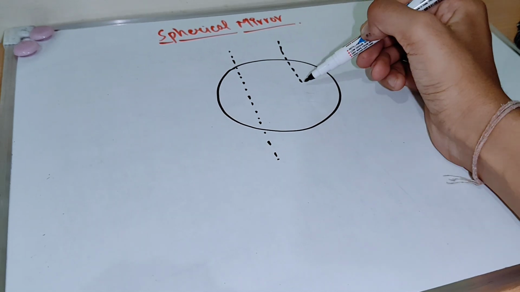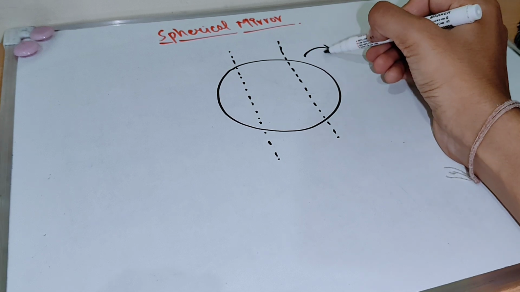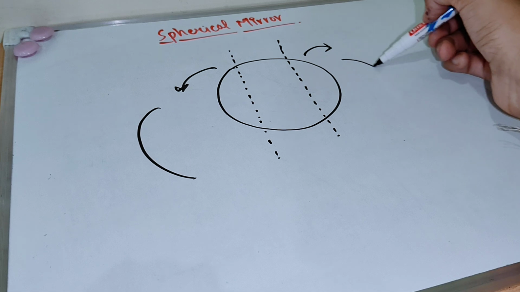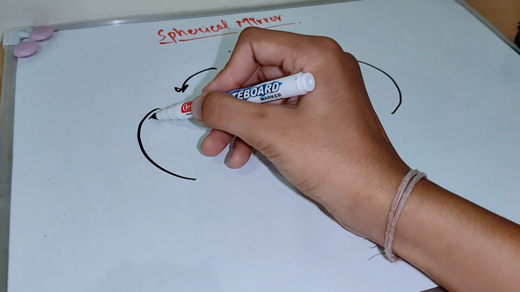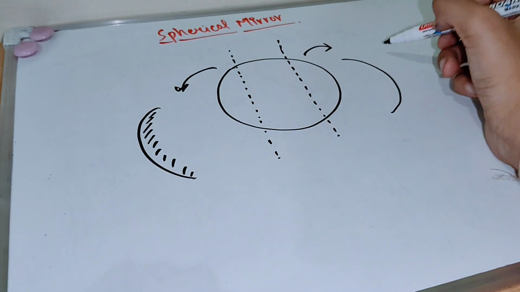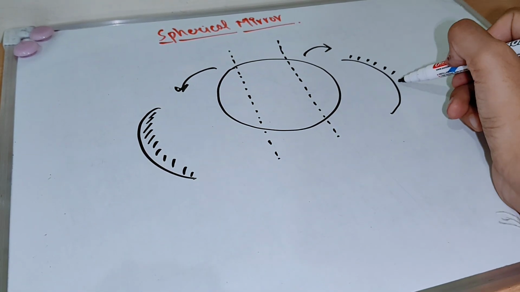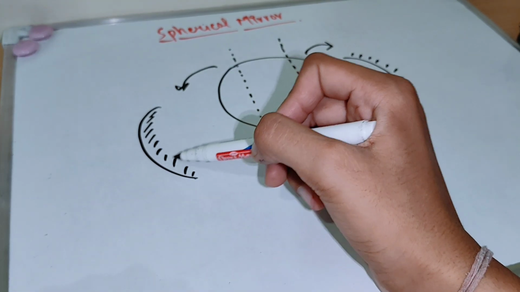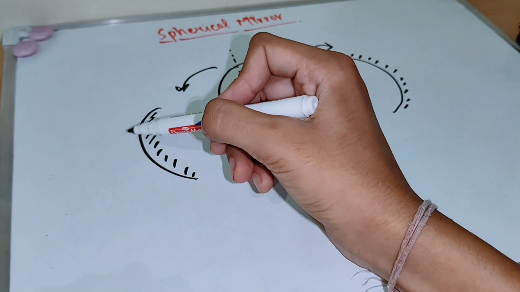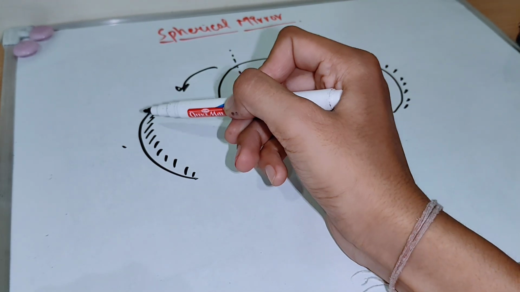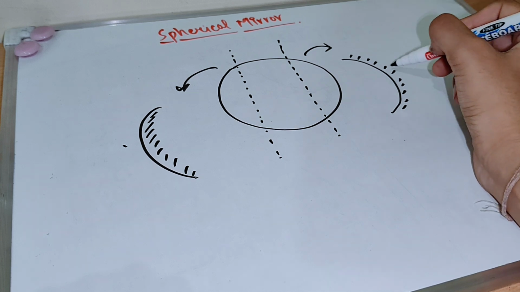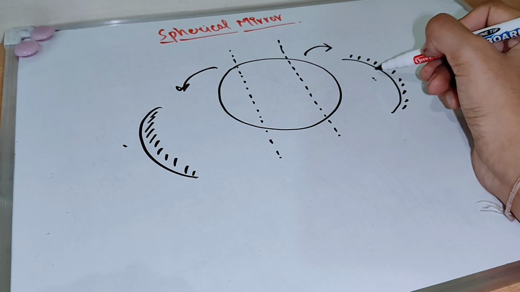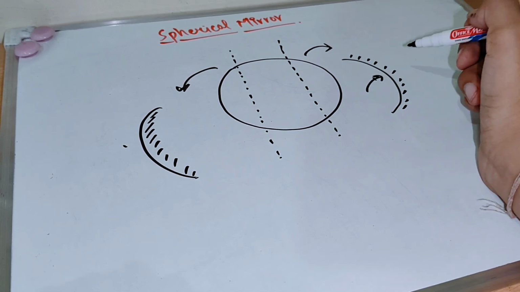And let's say I cut two portions out of it. One is this and one is this. Now I will do silvering on this side and on this side. Silver polishing it from this side makes this curved surface reflecting, and silver polishing on this side makes this side of the curved surface reflecting.